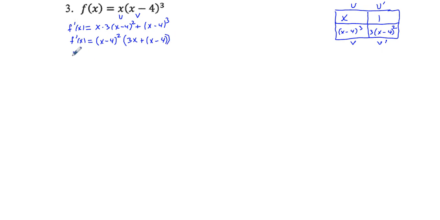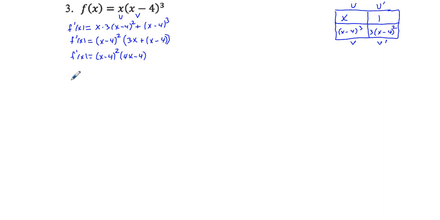And then just simplifying, we say f prime of x equals quantity x minus 4 squared, and then this 3x plus x minus 4 is going to be 4x minus 4.